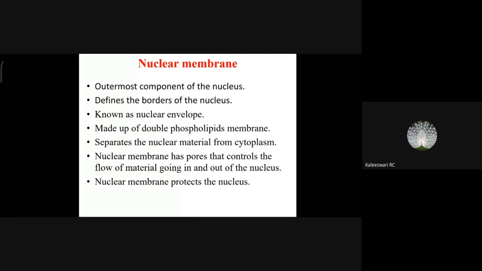The nuclear membrane is the outermost component of the nucleus. It defines the border of the nucleus, just like the cell membrane defines the border of the cell. Also known as the nuclear envelope, it is made up of a double phospholipid membrane.